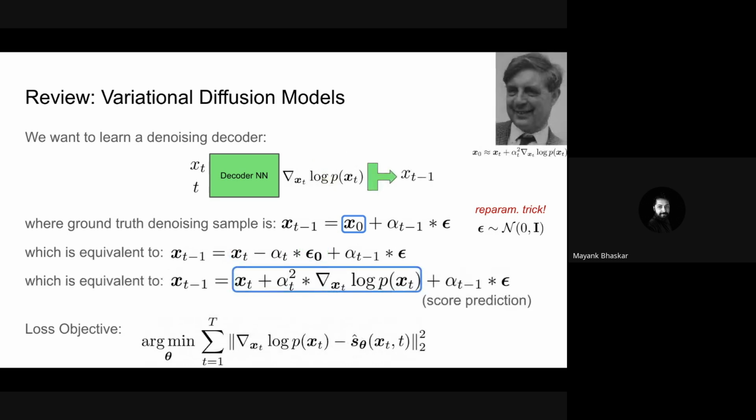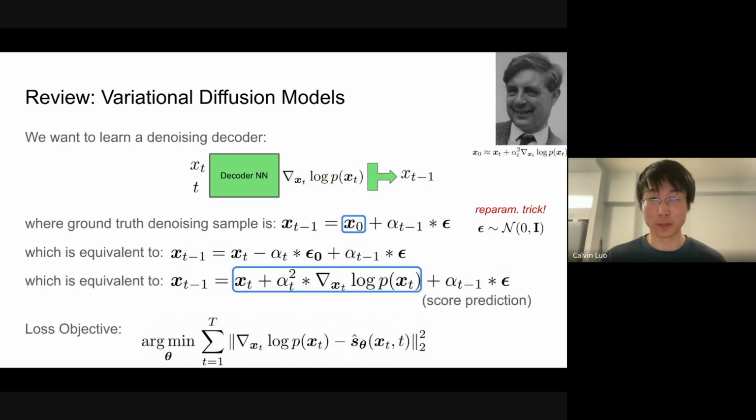Okay. We do the similar thing for Tweedie's formula, where in the first part, we just say there is a formula because we can exploit that the pink transitions are Gaussians that basically says that x0 is approximately equal to xt plus alpha t squared times a score. And we can once again plug it in for x0 to get this expanded equation. But once again, the only thing that's unknown that we need to predict is this score.